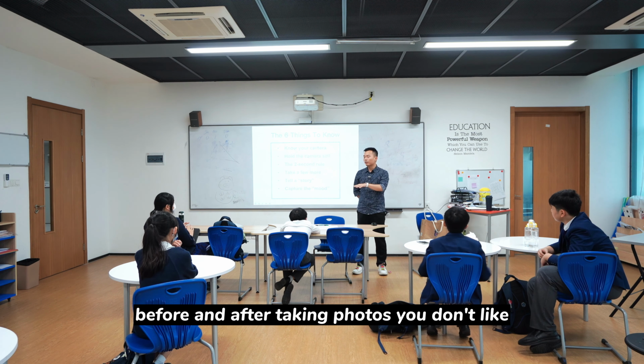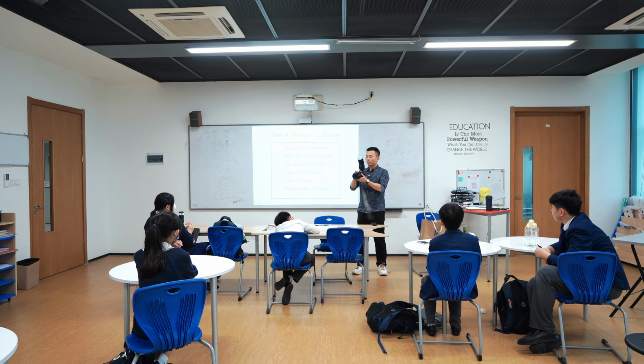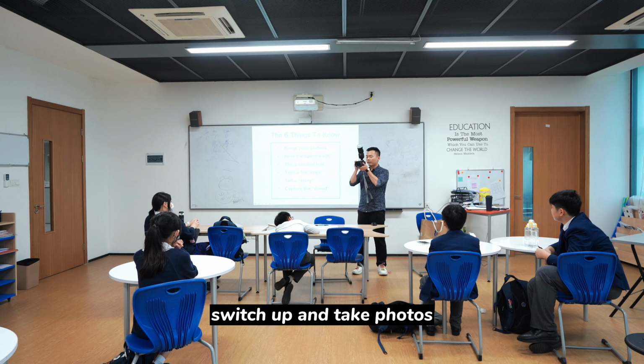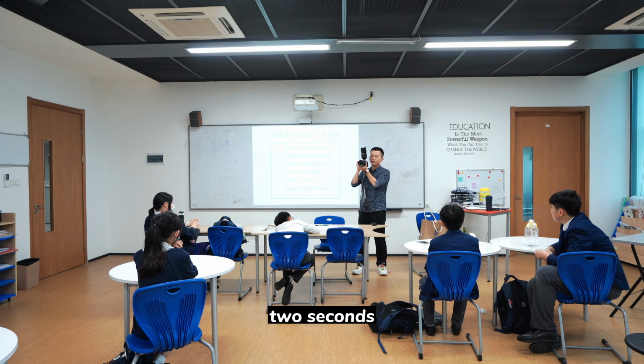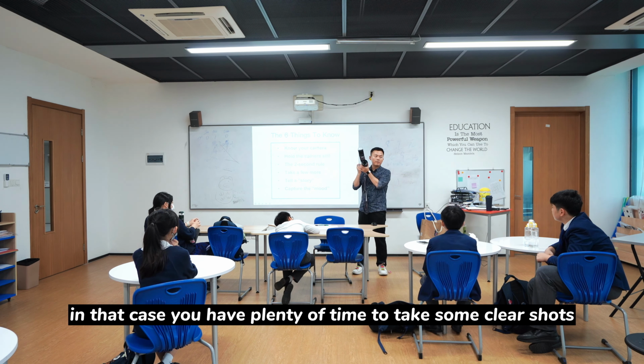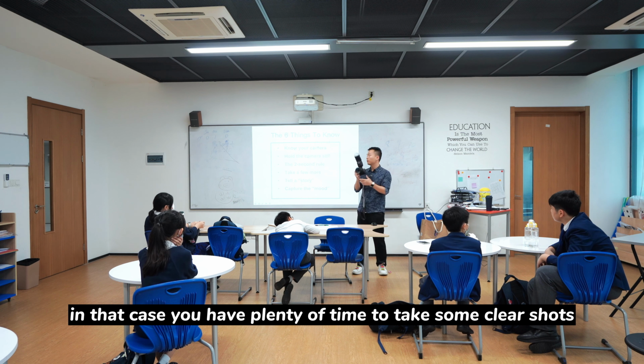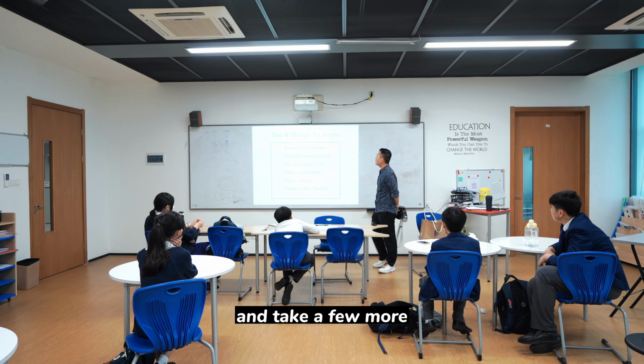The 2-second rule means that before and after taking photos, you don't just switch on, take a photo and then move. You need to hold it for at least 2 seconds. In that case, you will have plenty of time to take some clear shots, and take a few more.